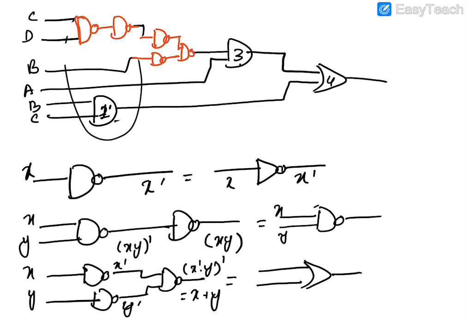And again we have an AND gate. We will draw its equivalent. Two NAND gates in series for this OR gate.